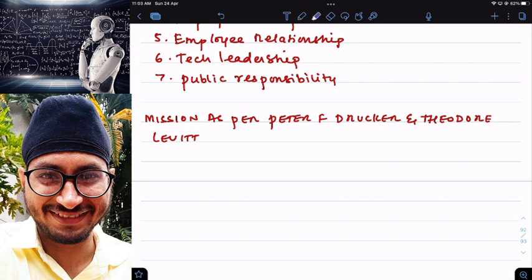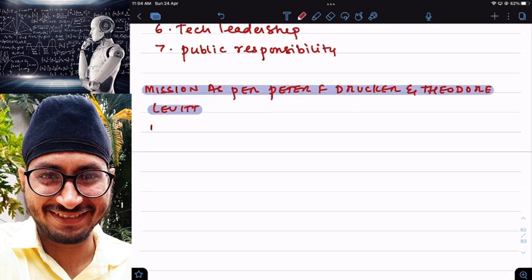Let us see what is mission according to these people. According to these people, mission, clear, points what you have to keep in mind before formulating a mission.